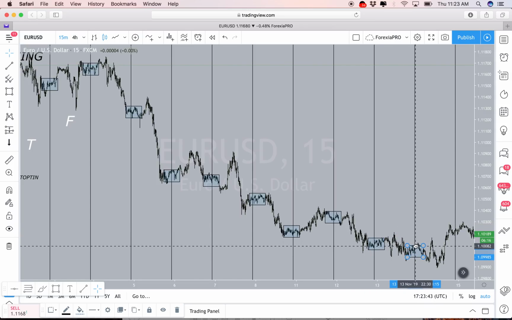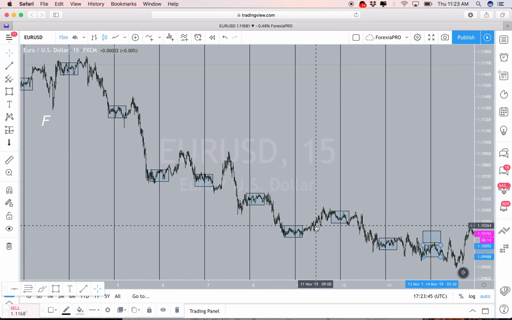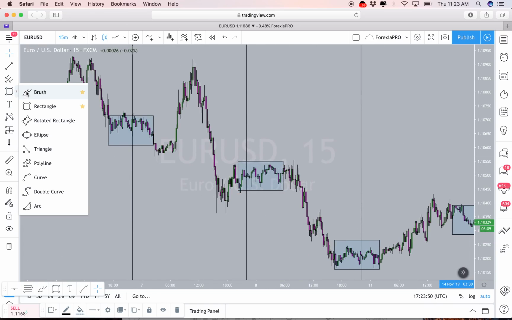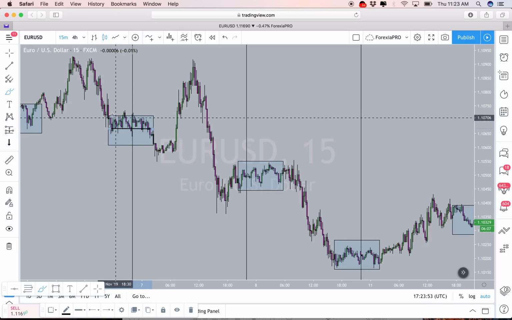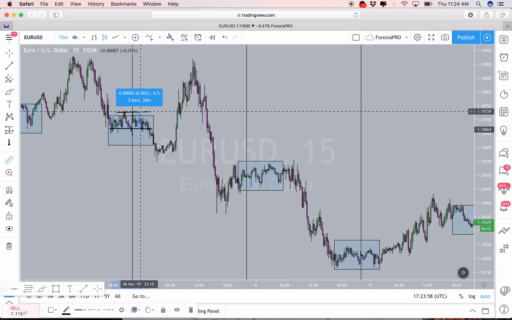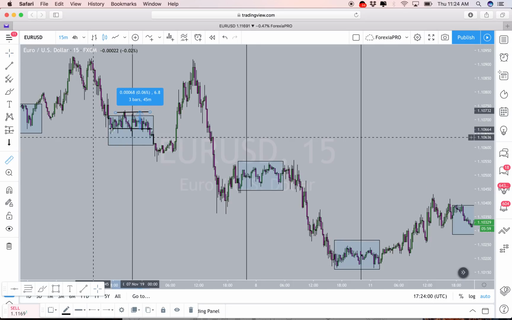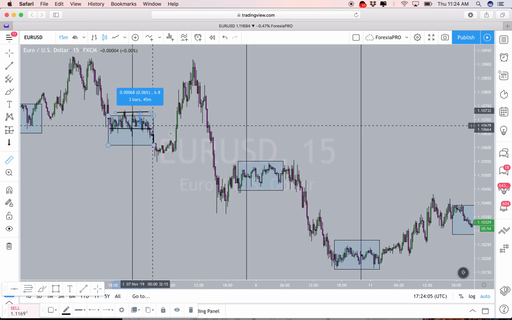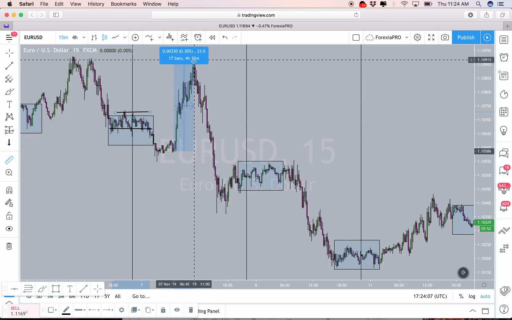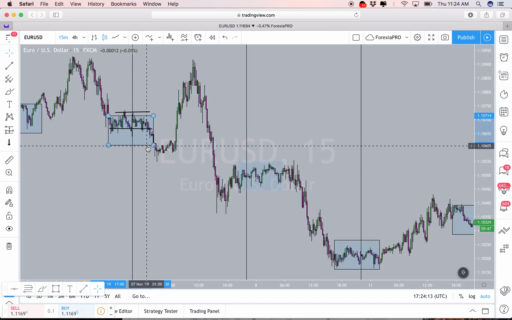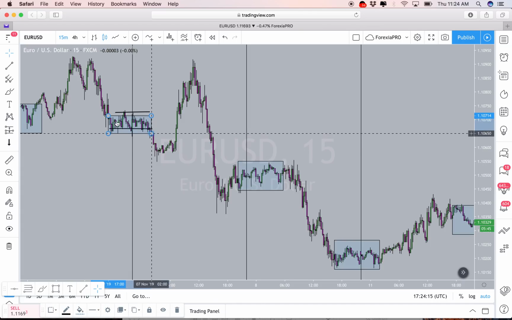So, Asian session, keep in mind, if Asian session looks like this, we have a range of what? 6 to 10 pips? 5, 6 pips. If that's what Asian range looks like, and we want to catch moves like this, that are 30, 50, 100 pips, then why is it that most retail traders trade Asian session?